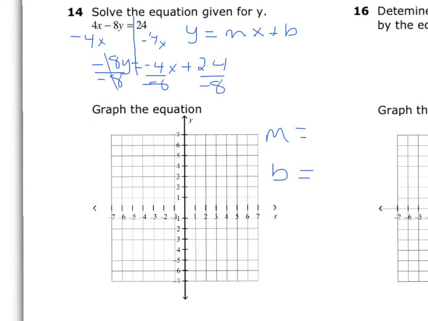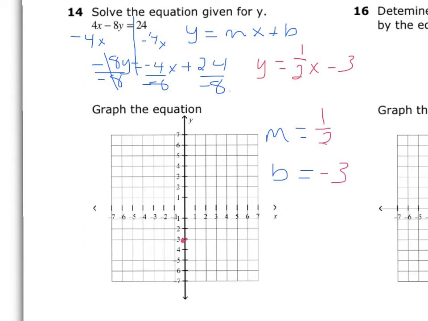And it gives me positive y equals, and then we're going to take negative 4 divided by negative 8, and that gives us 1/2 x, because a negative divided by a negative is a positive, and 24 divided by negative 8 is negative 3. So m is 1/2, b is -3.